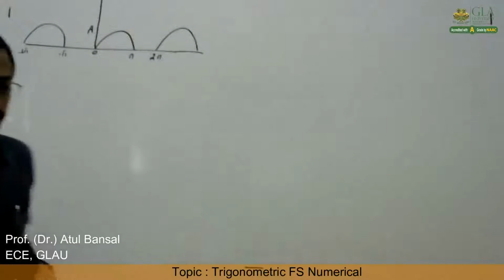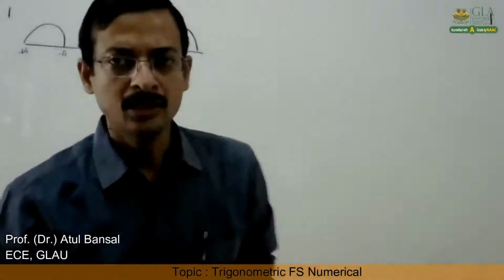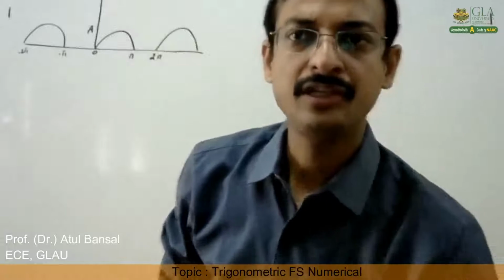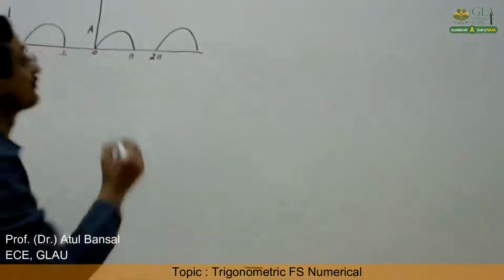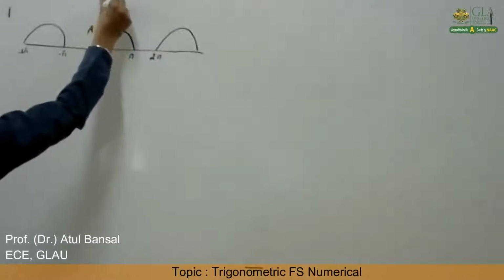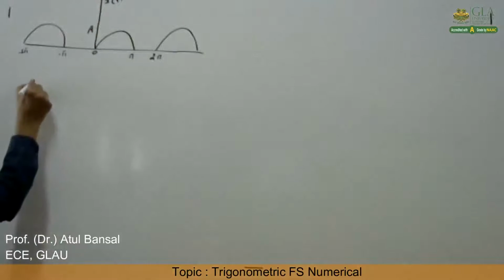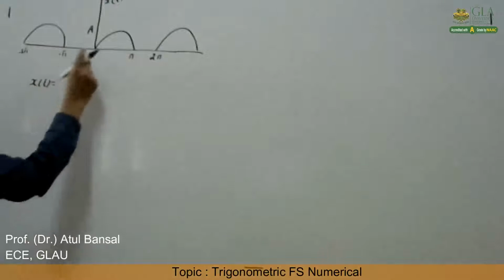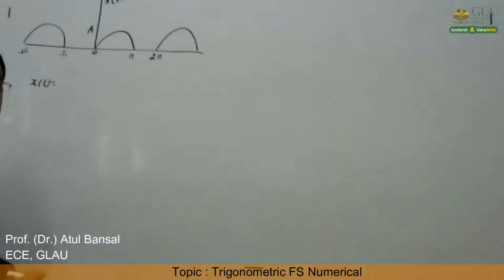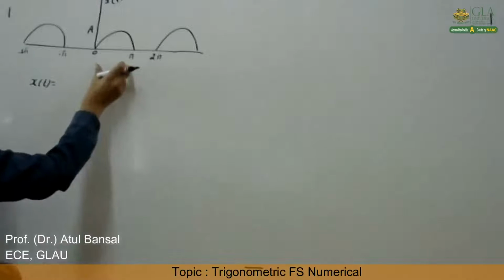Right? So step by step, if we follow that, the first step is that we need to define the signal. So if we define the mathematical form of the signal, x(t), it is a part of a full sinusoidal wave, but exists only up to pi.